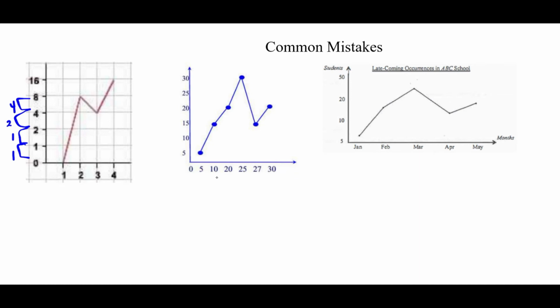I also see here, and this is a common mistake, where the students have just plotted the data points instead of creating a scale. Right? So I have from 0 to 5 is 5, from 5 to 10. All of a sudden the same space is worth 10, and then again 5, and then 2.